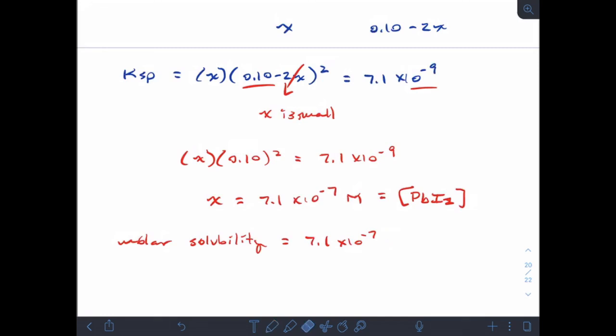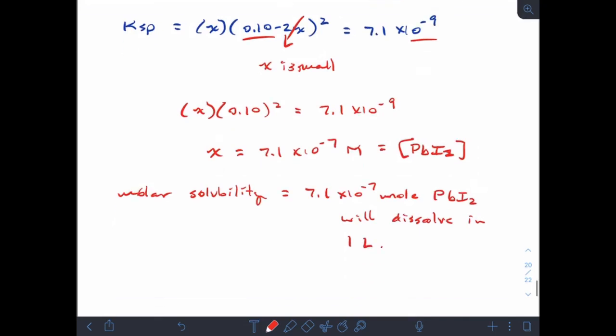Or let me rephrase that. 7.1 times 10 to the minus 7 moles of lead iodide will dissolve in 1 liter. Okay, or we could just say the molar solubility is 7.1 times 10 to the minus 7 molar.